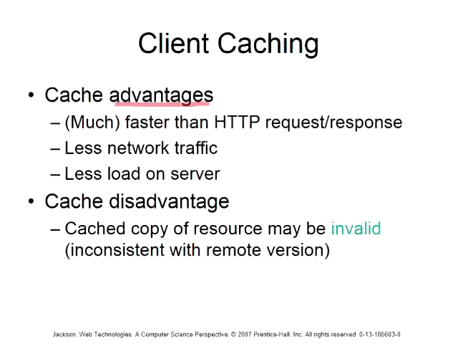So the advantage of client caching is faster than an HTTP request response. In this case, we have less network traffic and less load on server. The disadvantage of client caching is the cached copy of resource may be invalid.